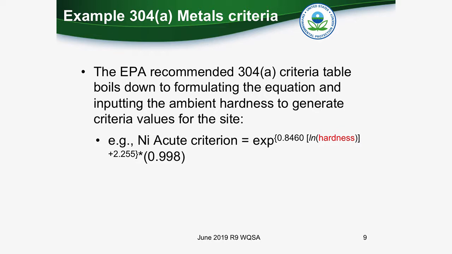So when you look at our criteria, you'll see a number, and a footnote says that number is based on a hardness of 100. And so what you have to do if you want to use it for 150, you just do the math. And what I did is I just have a spreadsheet. So whenever I have a new number, I just type it in and bing, that's the number.